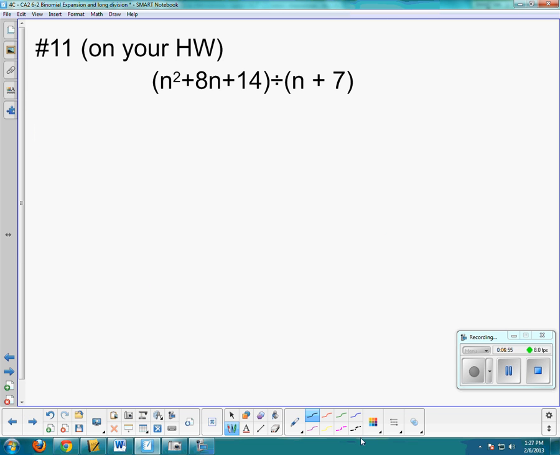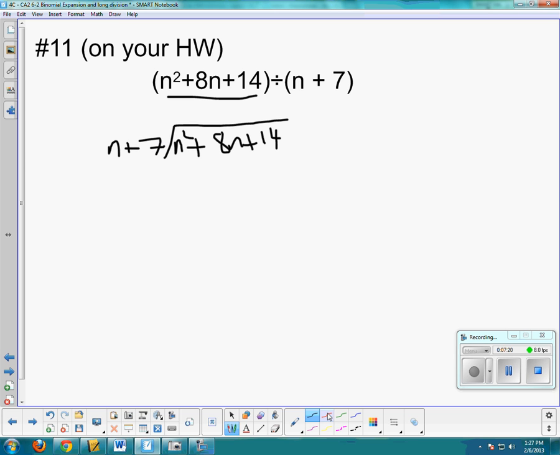So if you want to take out your homework sheet and try number 11, I'm going to set this up and go through it the exact same way. So I'm going to take my dividend, my n squared plus 8n plus 14. That's there. And I'm going to divide it by n plus 7.